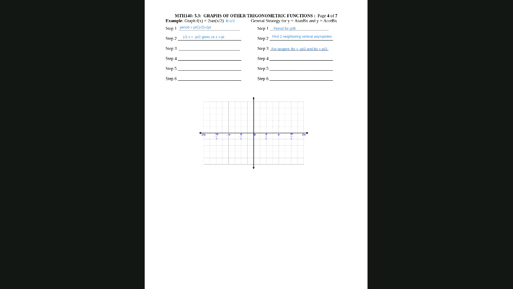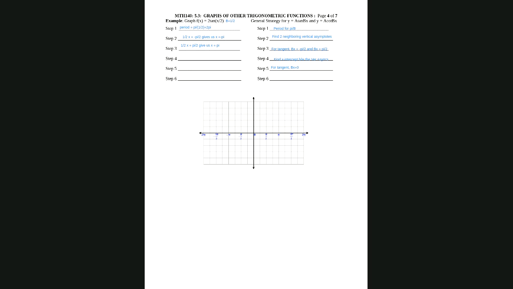Next, we're going to find an x-intercept between the vertical asymptotes. For the tangent, we will always set b times x equal to 0.